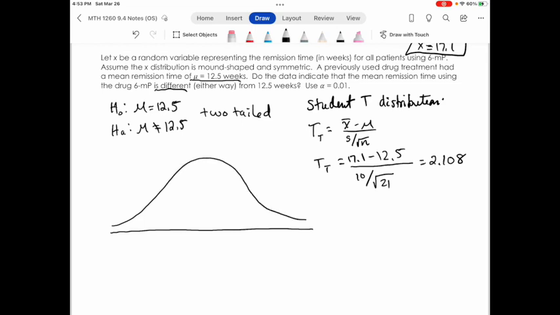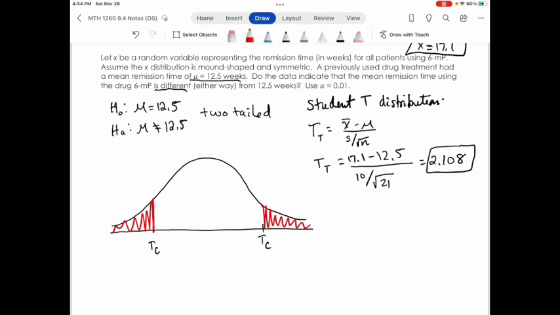All right, now, the student t-distribution, we know that's similar to the normal curve. It just has wider wings. So here's our curve. My test statistic is 2.108. Now I have to find my rejection region. So I need to find my cutoff points here and here for my critical values.